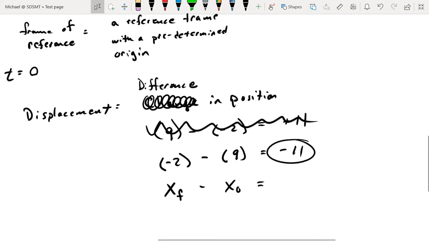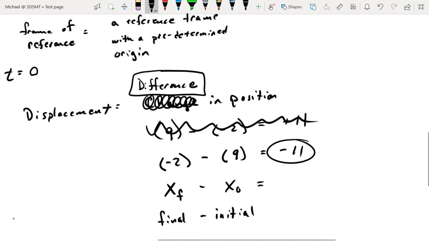And this will, in fact, be the definition of displacement, or better yet, the definition of any difference is we have to have final minus initial. Anytime we have a difference, it's going to be final minus initial.